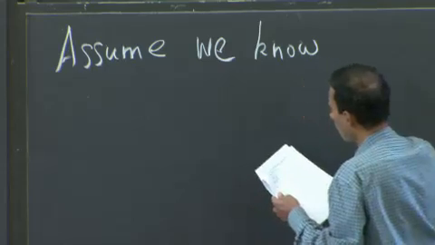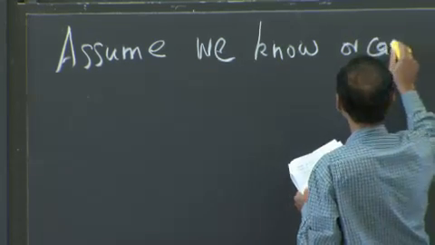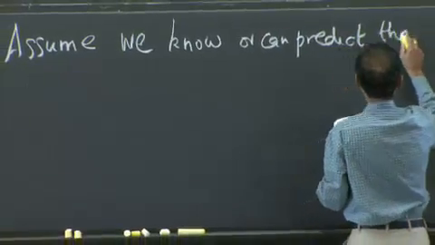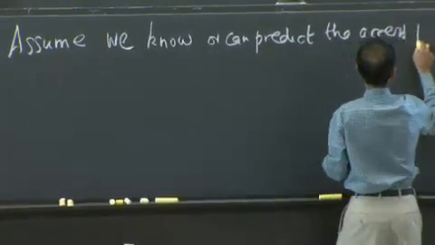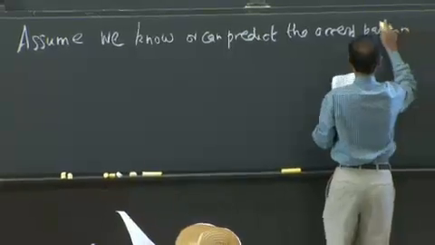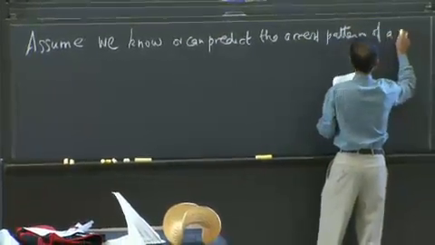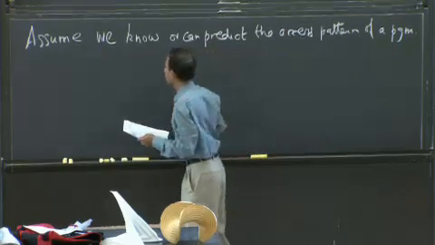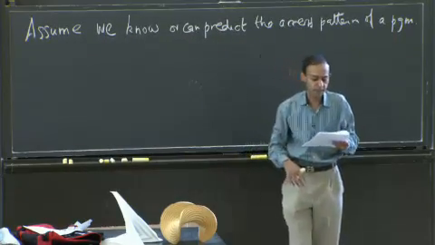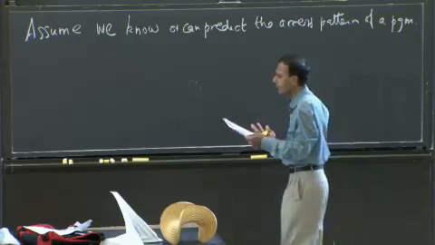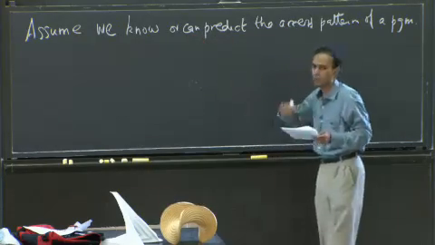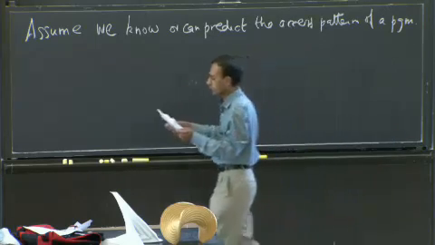So assume we know or can predict the access pattern of a program. And you can do this. People build these things in hardware, prefetch engines, branch predictors, and so on. They're in the x86 machines. And you can tell, especially if you're going through a loop over and over, you can make this prediction.